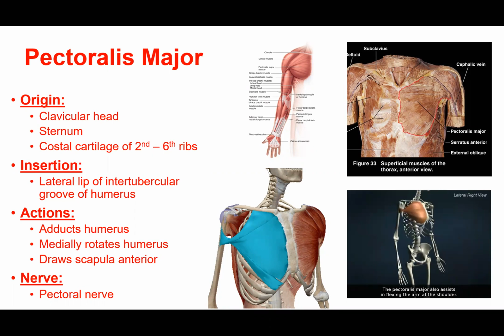The pectoralis major also assists in flexing the arm at the shoulder. All right, and finally, the pectoralis major is innervated by the pectoral nerve.